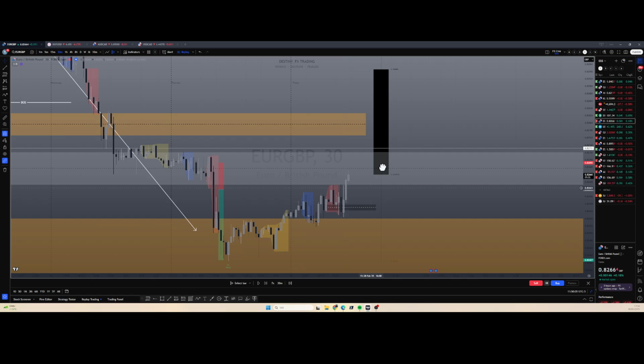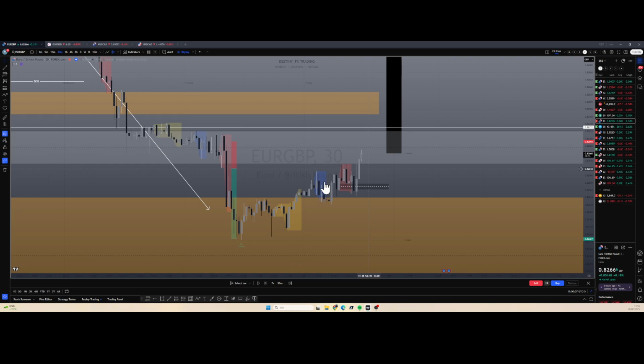So when price was here, the ideal thing is that you should anticipate price to respect this price leg, because this is the last swing high and the last swing low.